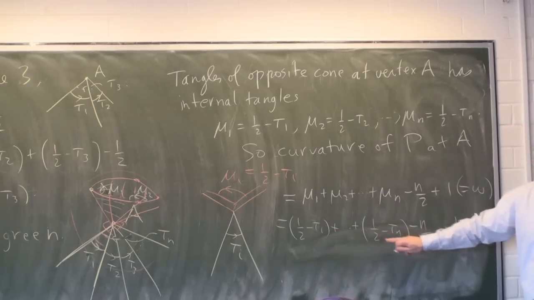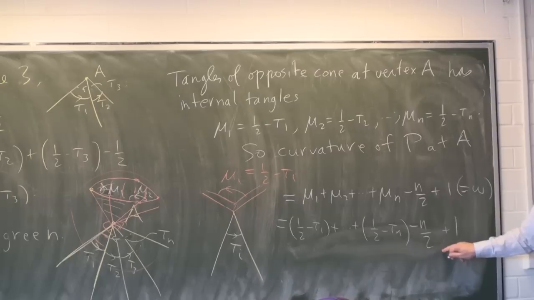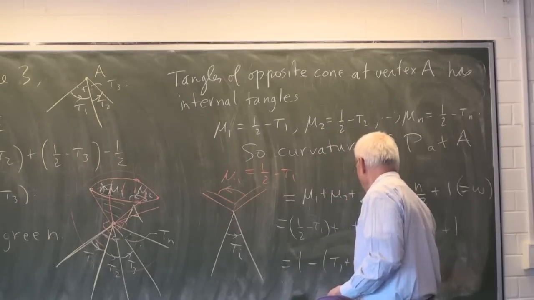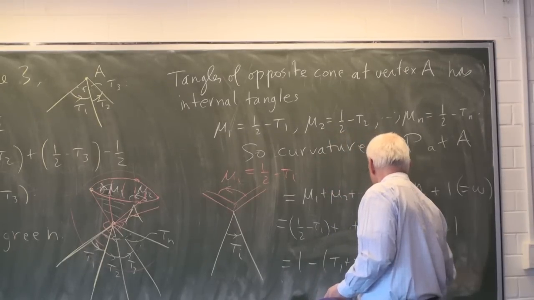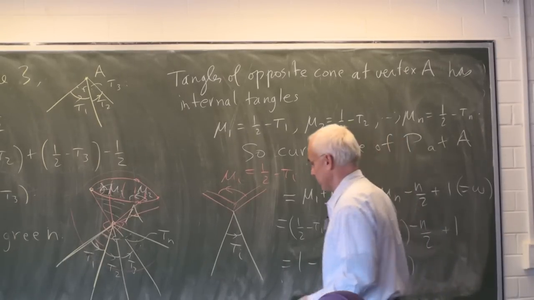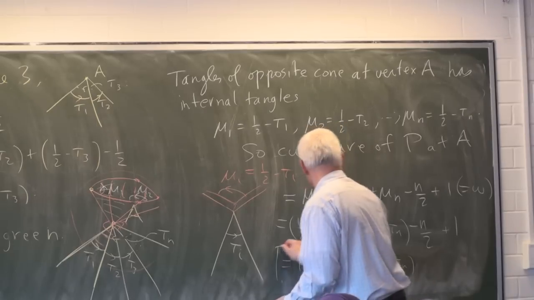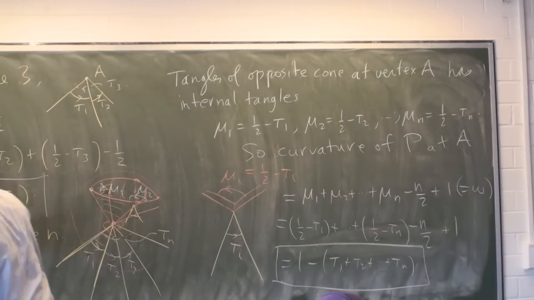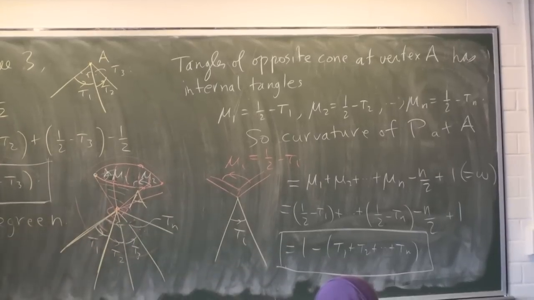There are n halves, which exactly cancels with this n over 2. And we're left with 1 minus tau 1 plus tau 2 plus tau n. It's the same kind of formula as we got for the triangle case.